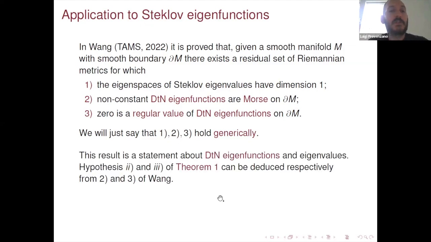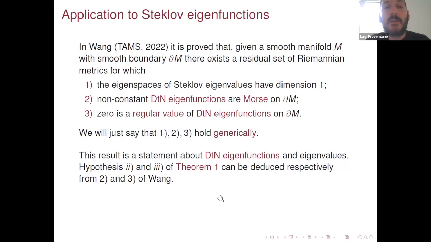If you look at hypotheses 2 and 3 of Wang, these imply our hypotheses 2 and 3. In particular, if non-constant Dirichlet-Neumann eigenfunctions are Morse on the boundary, it means that on the boundary our eigenfunctions have generically isolated critical points. Morse implies isolated critical points.